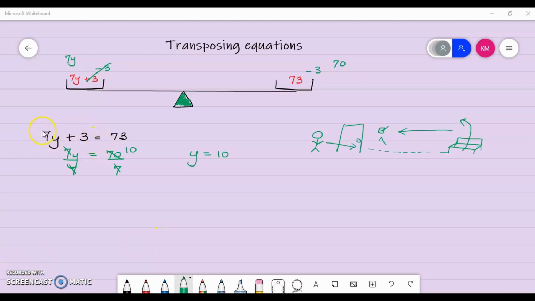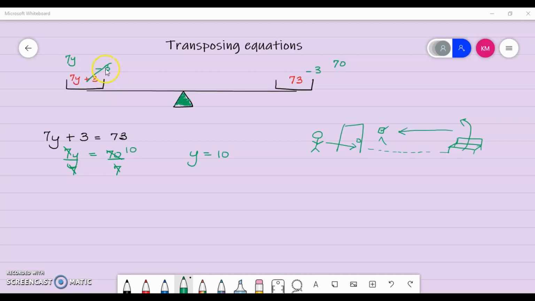Similarly, with the equation, I have 7 multiplied by y, and then I added 3 to that to get 73. So to get back y, you will have to reverse all your operations, starting with the last thing that you did. So the last thing that you did was add 3. So you are going to reverse that and you are going to subtract 3.